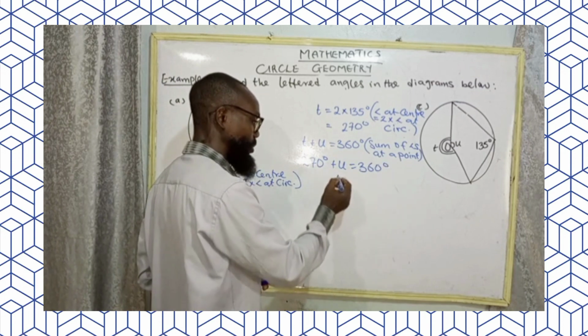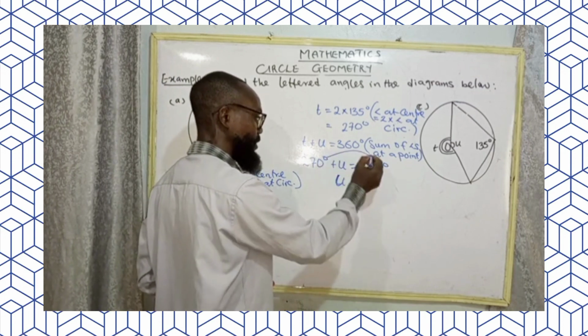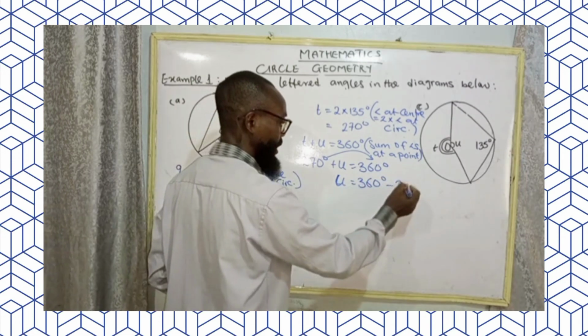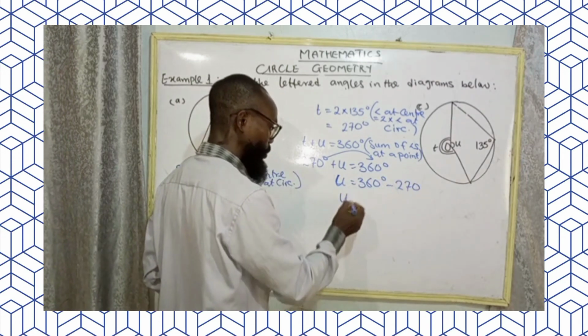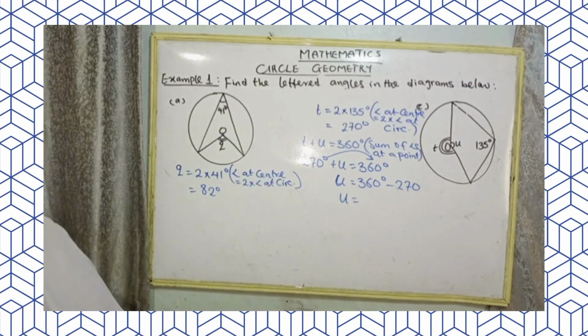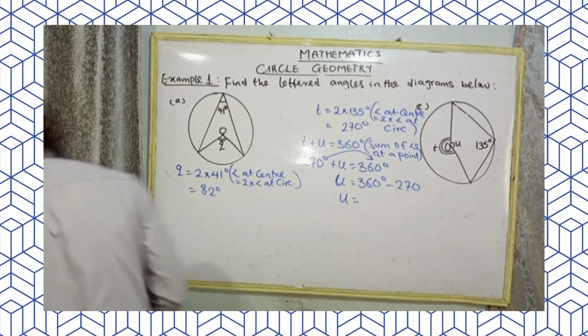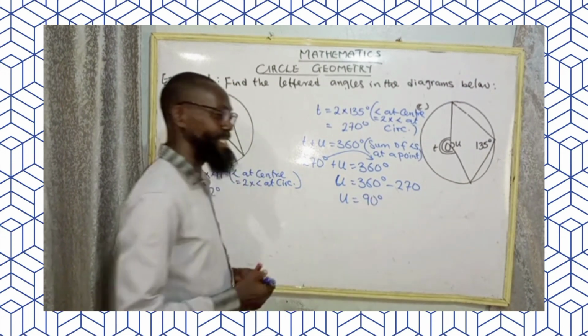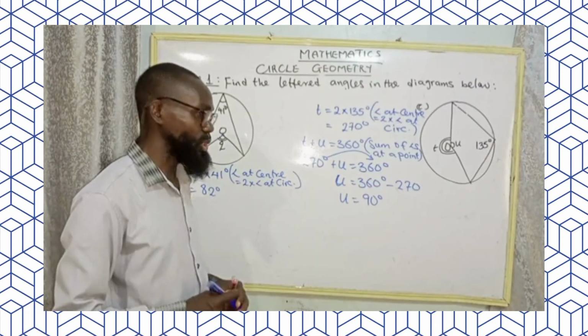I want the value of my U. So 270 will move here. I have 360 degree minus 270 degree. So my U equals to 90 degree. So this is how to find the value of U.